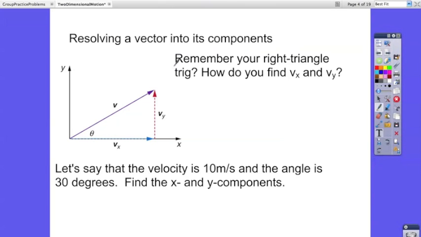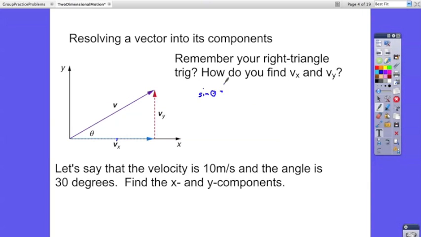Do you remember your right triangle trig? How would you find this side, which would be the x component, and this side of that right triangle? Well, if you know the angle and you know the length of the hypotenuse, then you use your trig functions. Remember the definition of the sine of an angle is opposite over hypotenuse.